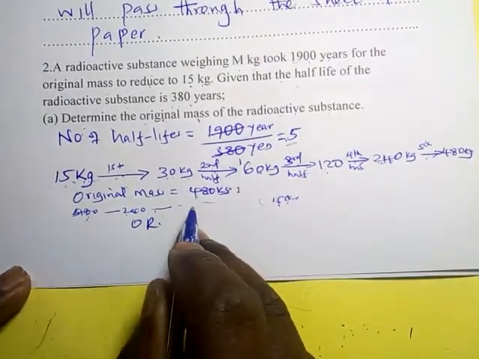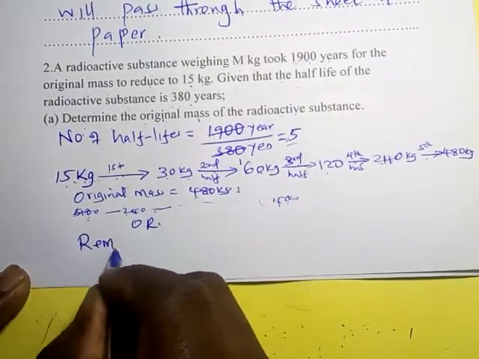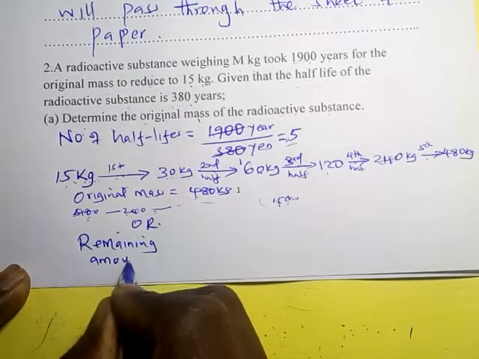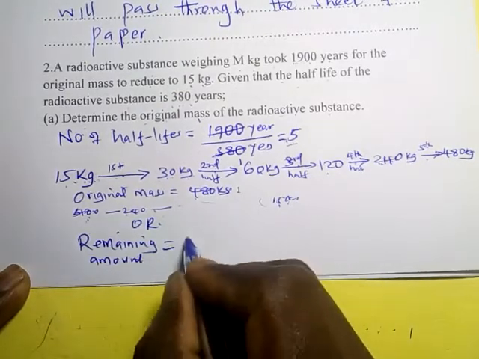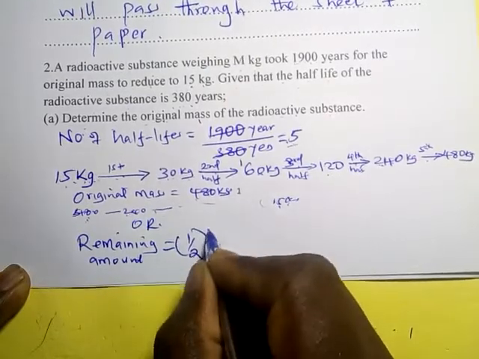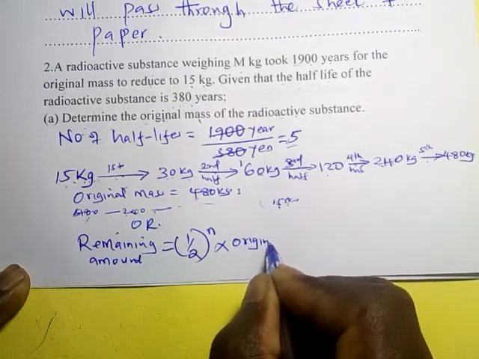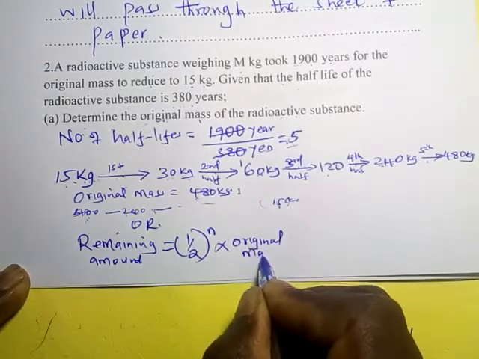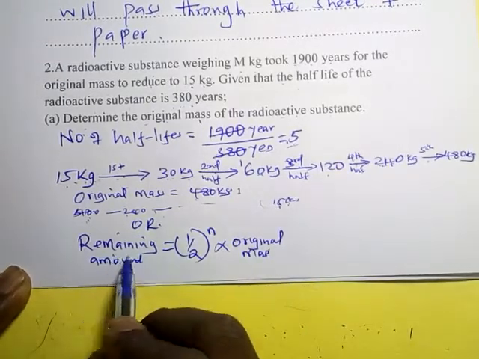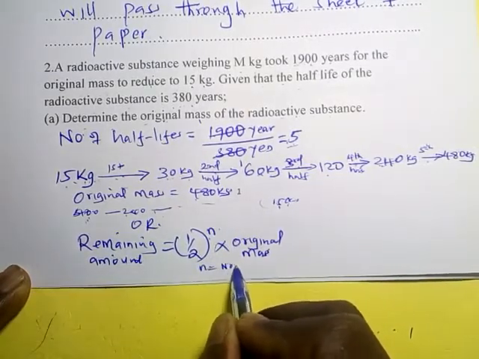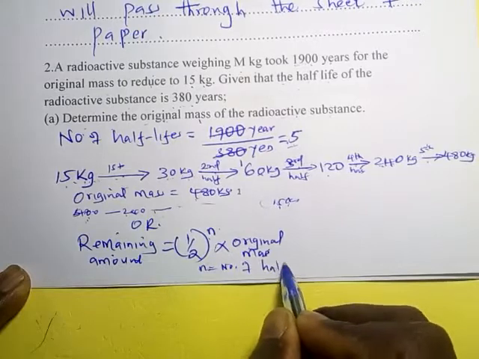There is a formula that says the remaining amount equals one half to the power n times the original amount, the original mass. What is n?